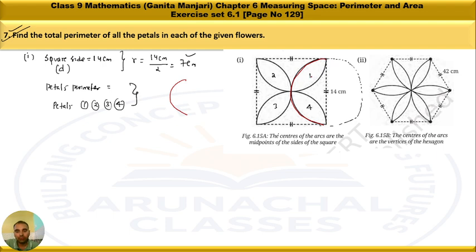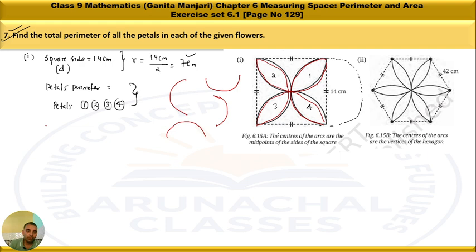Second, petal 1 and petal 2 have this arc. Petal 2 and petal 3 have this arc, and petal 3 and petal 4 have this arc. So how many arcs are there?